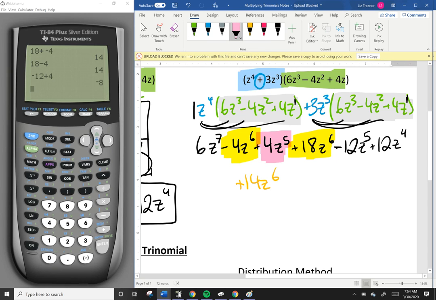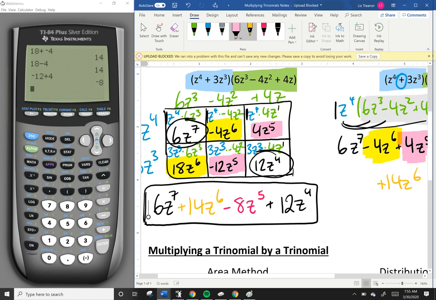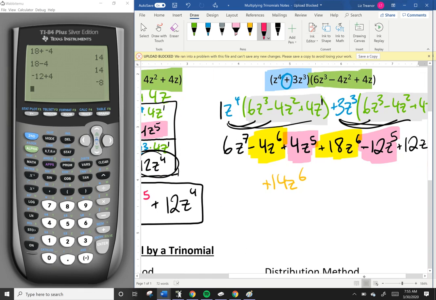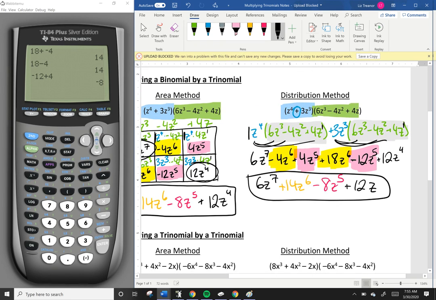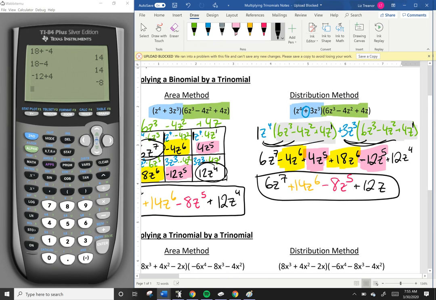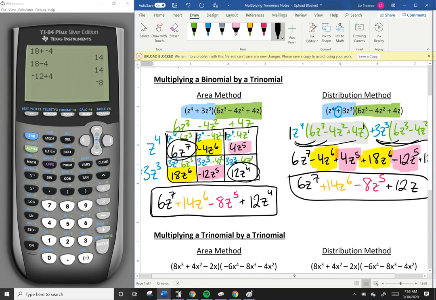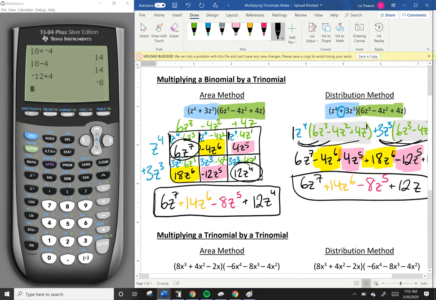We got 4z to the 5th and -12z to the 5th, and we're going to get negative 8z to the 5th, and keep the other two the same, 6z to the 7th, and positive 12z to the 4th. Now that should be the same that we got over here, and it is. Okay, so that is multiplying a binomial by a trinomial.